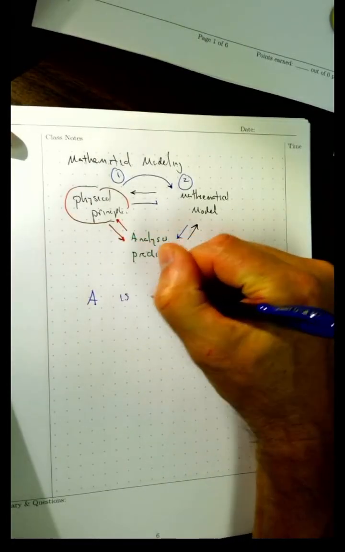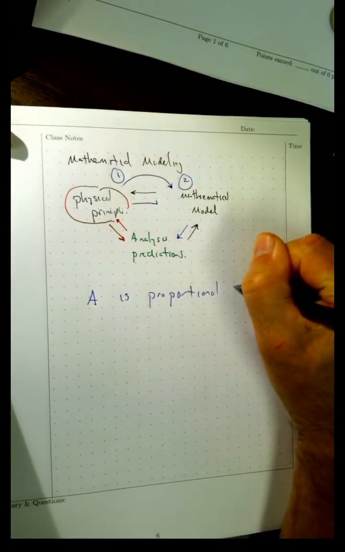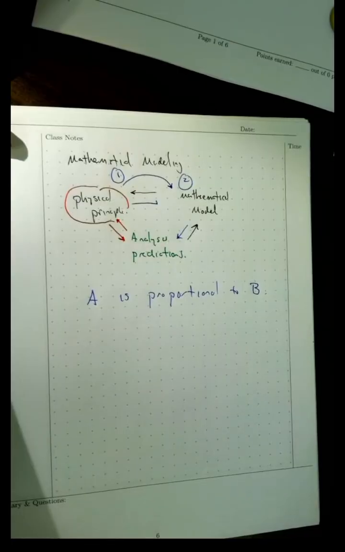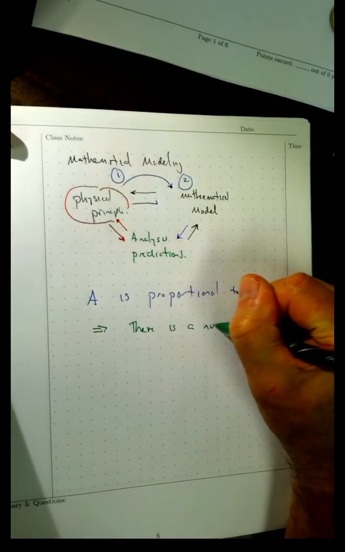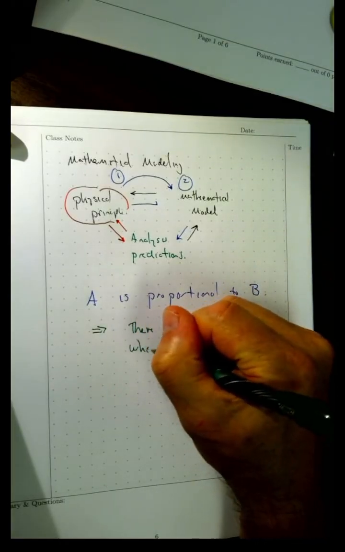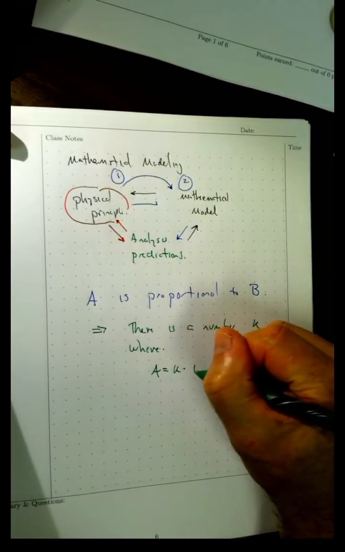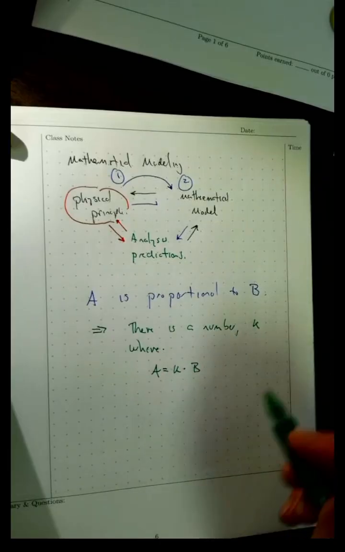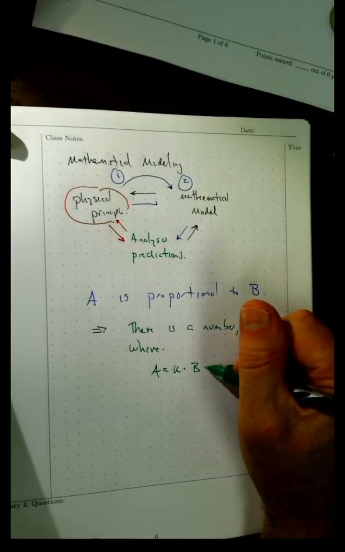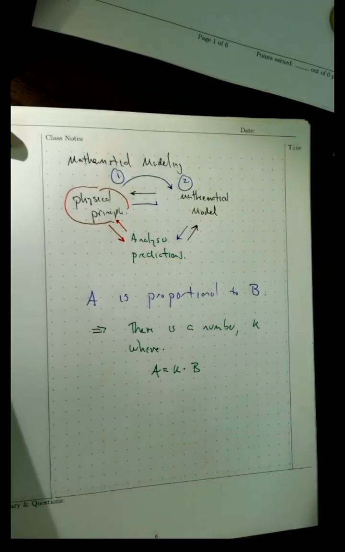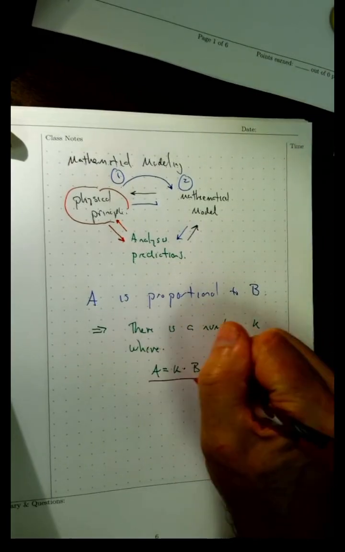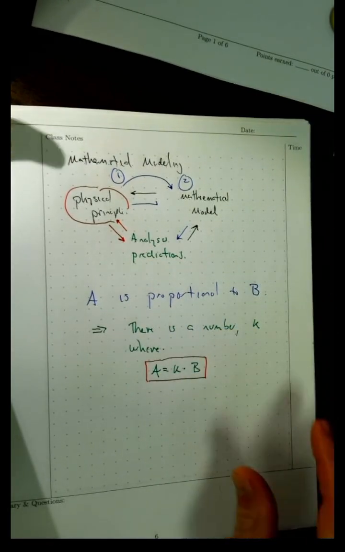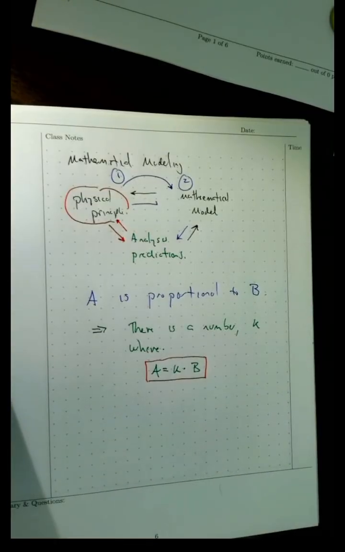The way it's stated here, it sounds like you go from the principle to the model and then the analysis. It's not quite that simple because you use the analysis to help you try to understand the implications of the physical principle. You always want to come back to this. But you oftentimes go back and forth here and use your intuition to inform how you're going to do the analysis.